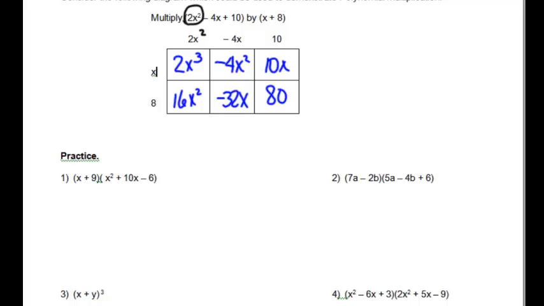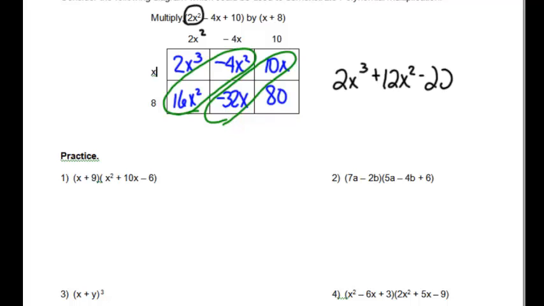And then we just find and combine, as they say. So these are my x squared terms, and these are my x terms, and I can go ahead and combine those, giving me a final answer of 2x cubed plus 12x squared minus 22x plus 80.